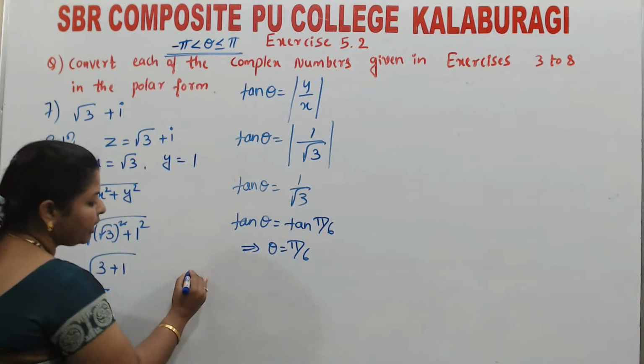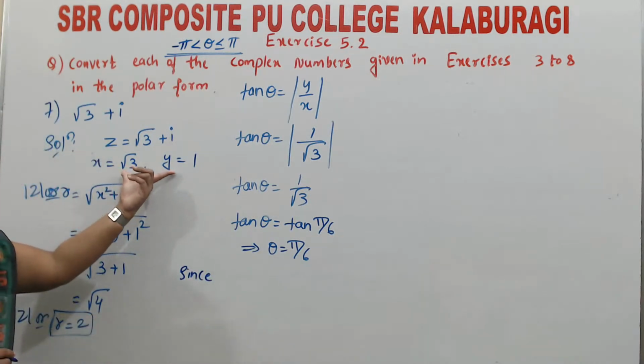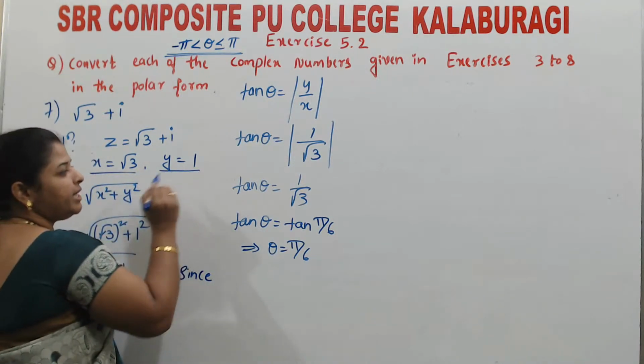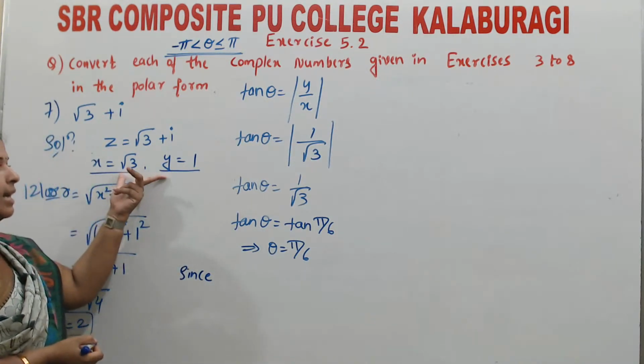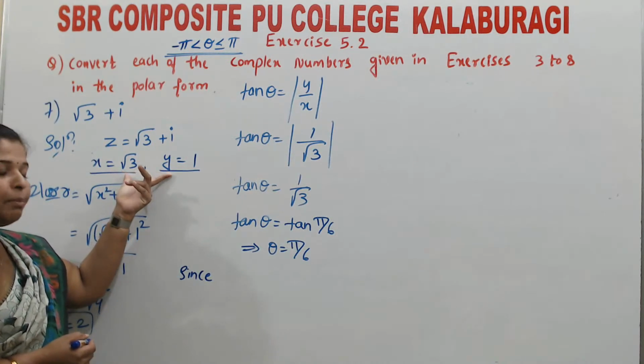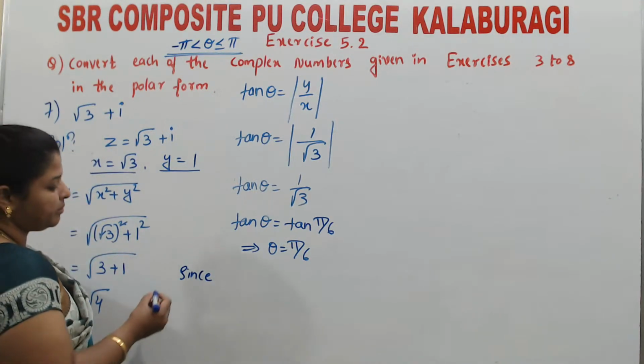Since real axis is x-axis and imaginary axis is y-axis, and since both are positive, the given complex number exists in the first quadrant.